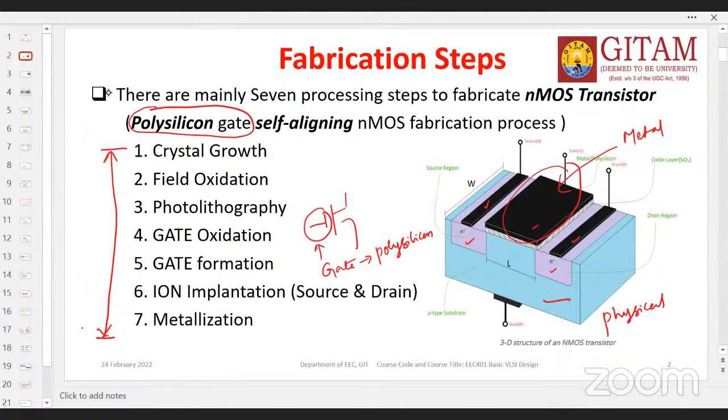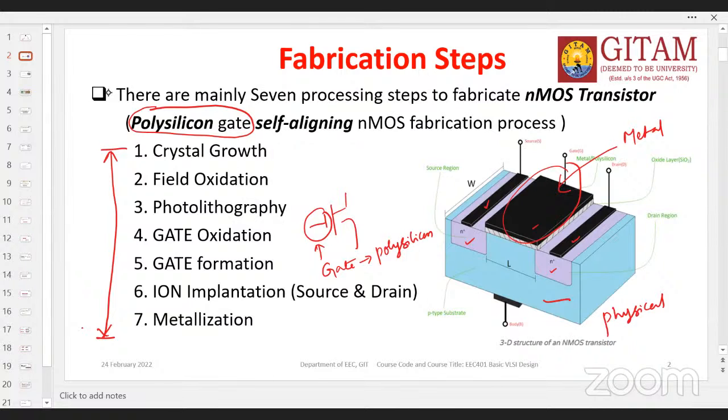So first of all, we have to create the gate, then we have to realize the source and drain. While realizing the source and drain, it needs a lot of heat. Only at very high temperature are we able to diffuse something into the semiconductor. While doing that, the metal will disappear; that means the metal will be melted. Why?